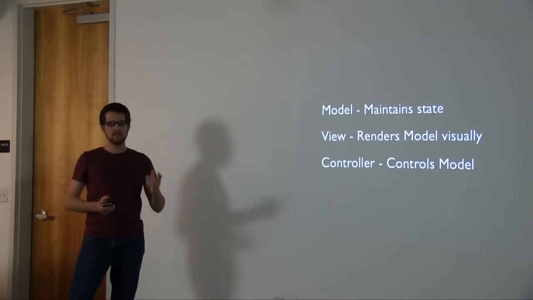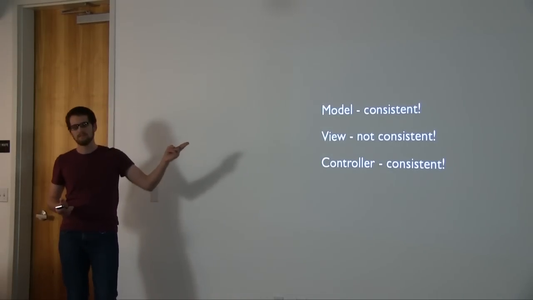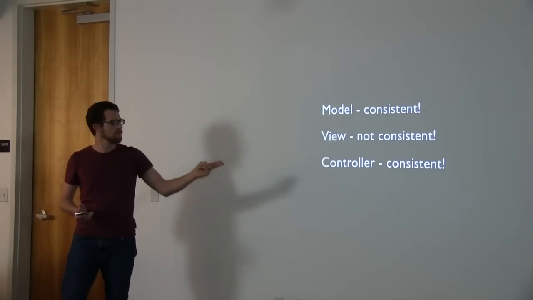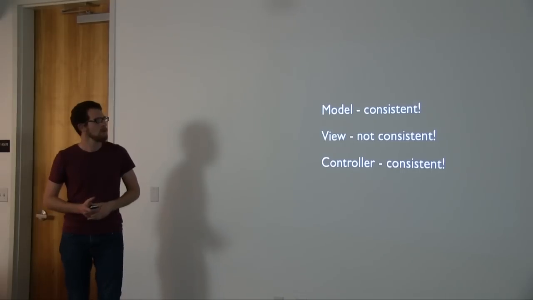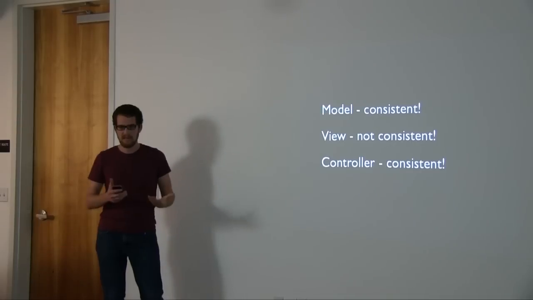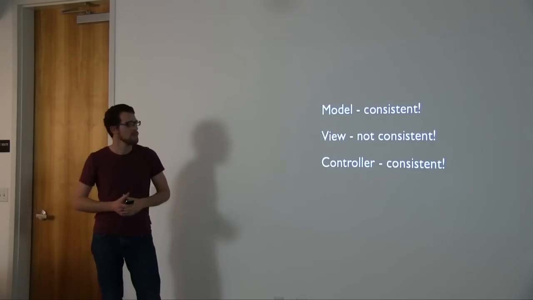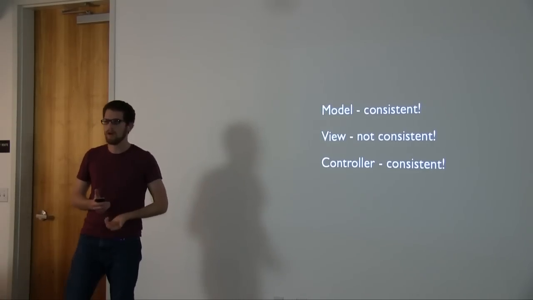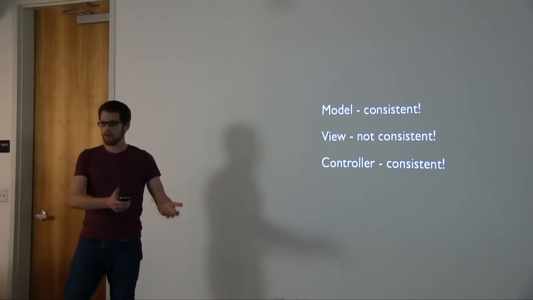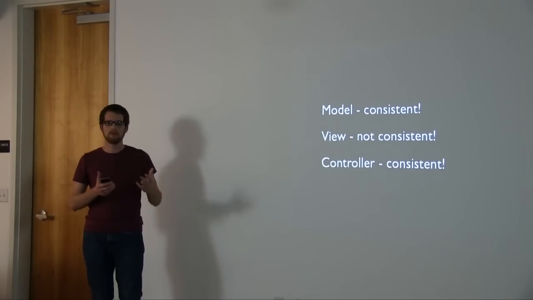But the interesting thing about the MVC pattern for an animation is that the model's consistent, the controller's consistent, but the view is not. We can guess how these should work for every animation that we're ever going to build. We want to animate based on time and then control the play, pause, or stop state of it. But the view is going to change. We may want to draw a ball, or a turtle, or a square, whatever you need. So this is what we need to worry about.